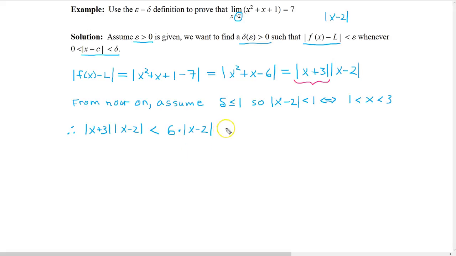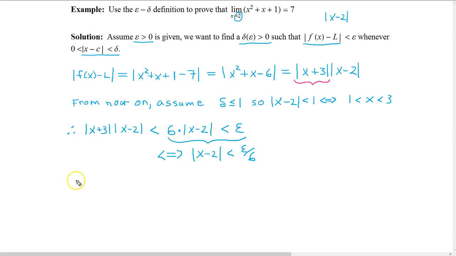So now we'll set this less than epsilon, and this is equivalent to writing |x minus 2| is less than epsilon over 6.